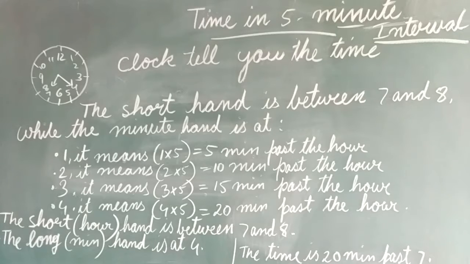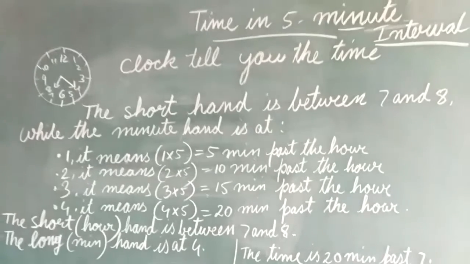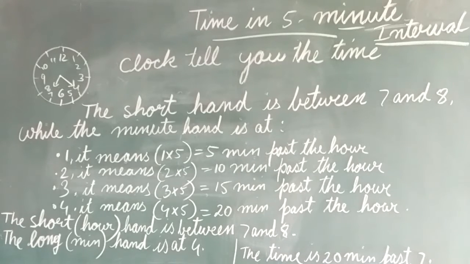So how many minutes is it passing? If it is passing 5 minutes, you say 5 minutes past the hour. If it is passing 2 times 5 minutes, that is 10 minutes, so you say 10 minutes past the hour. If it is passing 3 times 5 minutes, you say 15 minutes past the hour.